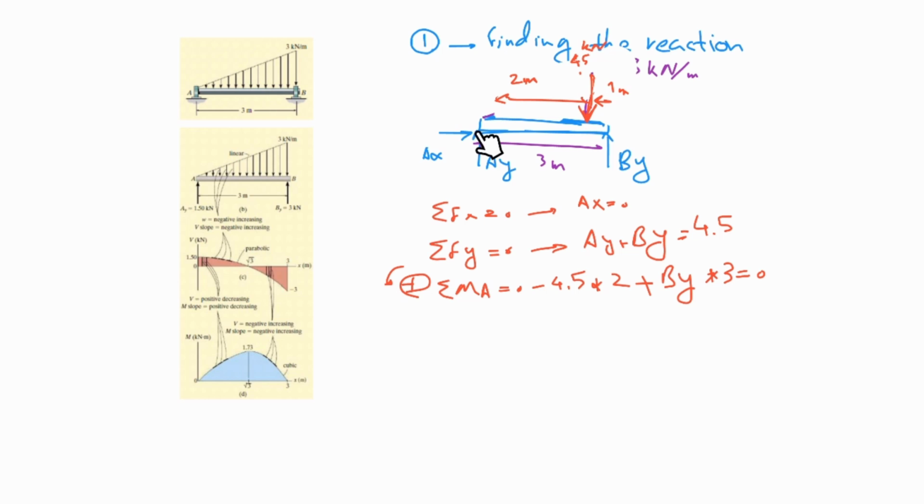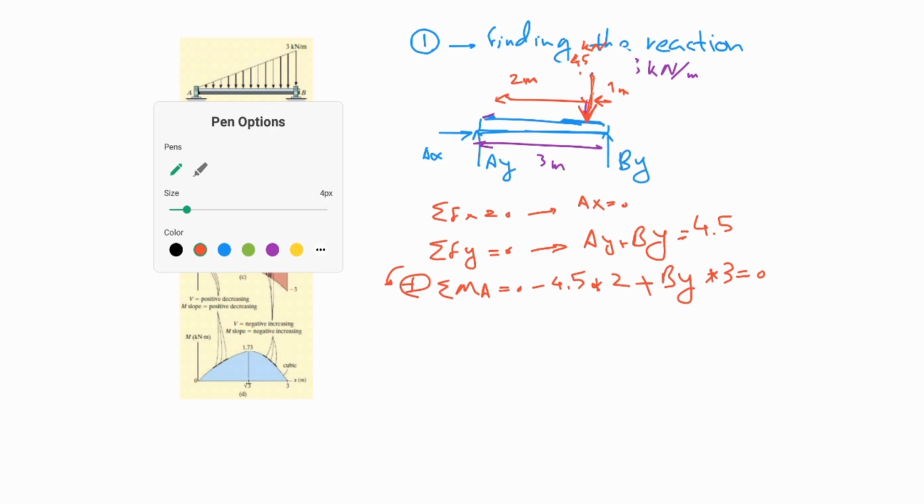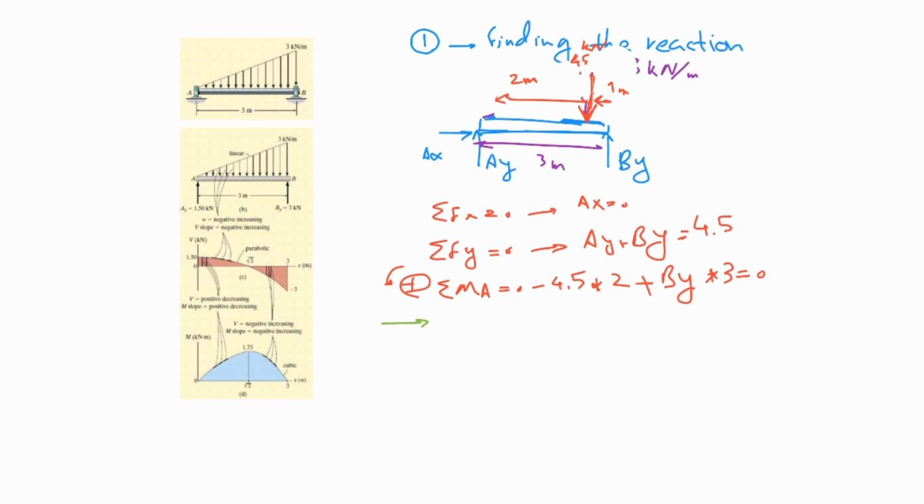By around this point, if you put your finger here counterclockwise, this times the arm, which is 3, should be 0. I solved this at first, and what I would get is By is 9 over 3, meaning that it is 3, and just replace it here, and Ay would be 1.5 kN. By having these two, you can see that I have this value and I have this value.